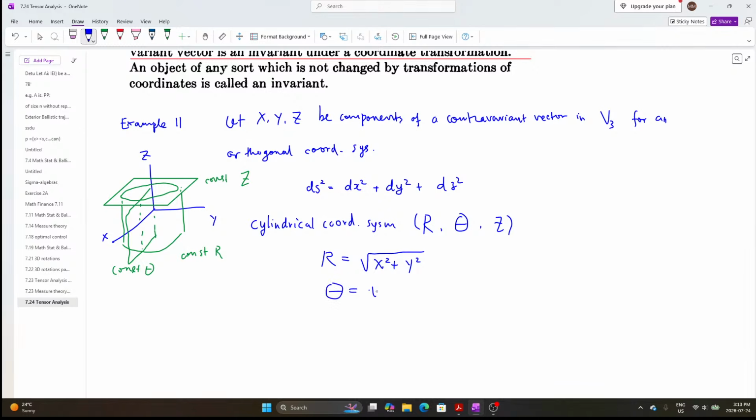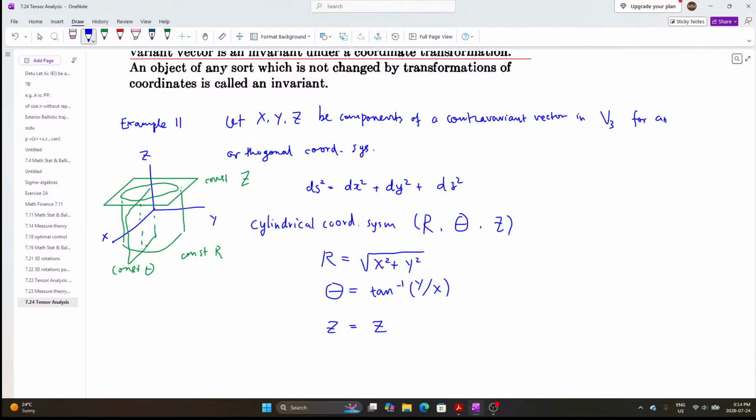Big theta is the inverse tangent of big Y over X. Thank you, Vernon, again, because I wrote big X over Y first. And finally, Z is what? Okay, Z is just Z, no difference. It's the same.